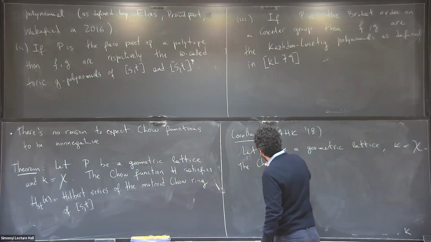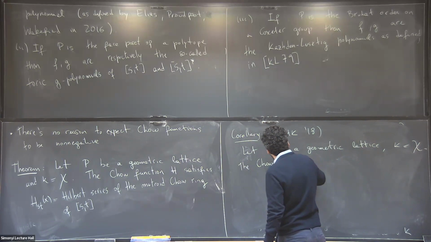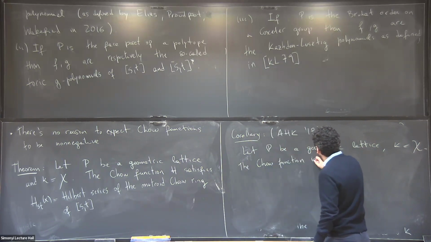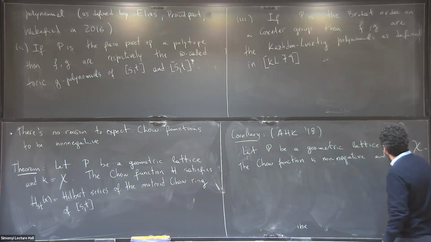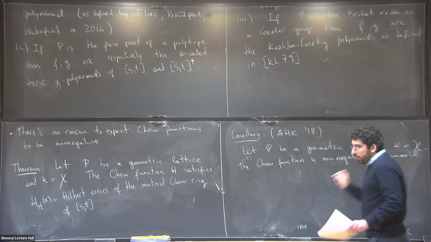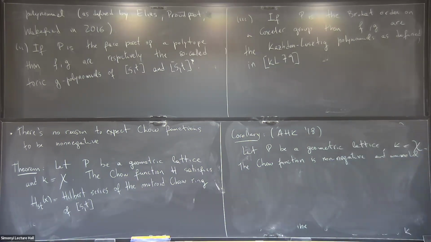The Chow function is non-negative and unimodal. This is a consequence of hard Lefschetz, as I said, because whenever you have a ring that satisfies this property, you will have a palindromic Hilbert series whose coefficients grow up to the middle and then decrease.